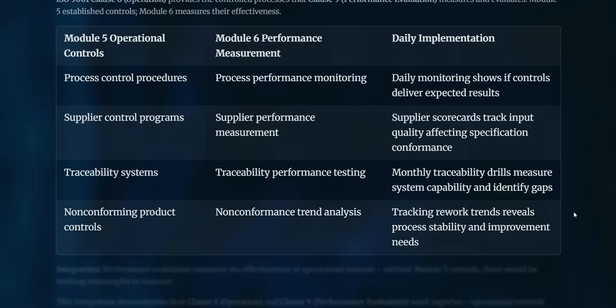The daily implementation will include monthly traceability drills to measure system capability and identify gaps. Finally, Module 5 operations control provided non-conforming product controls, and Module 6 performance measurement provides non-conformance trend analysis. The implementation includes tracking rework trends, which reveal process stability and improvement needs.